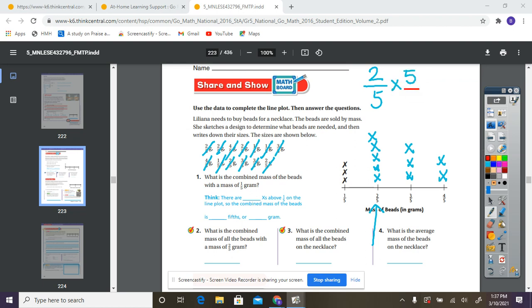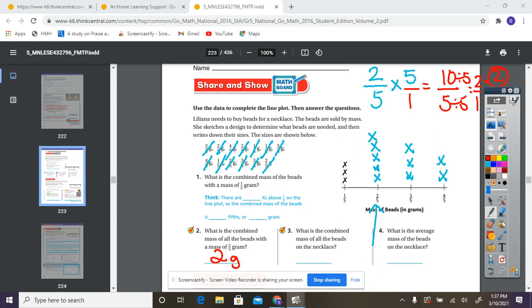Remember, I put a 1 under it, top to top, bottom to bottom. Then I'm simplifying. In this case, 5 goes into both 10 and 5, so it's 2/1, which is 2. So we write in 2 grams here.